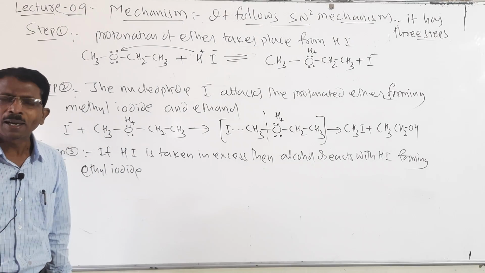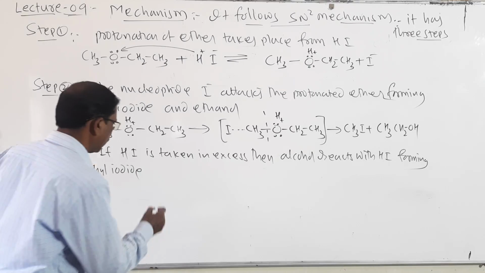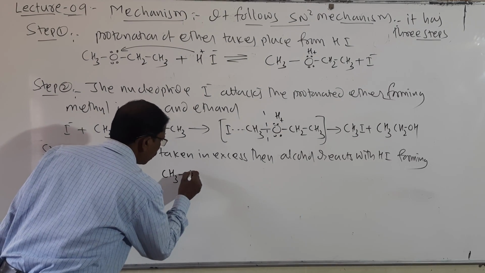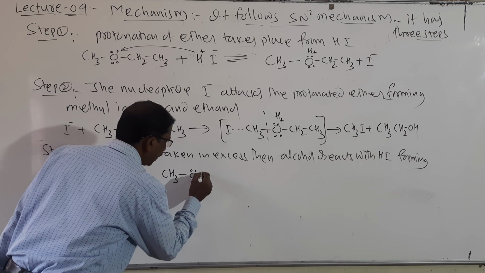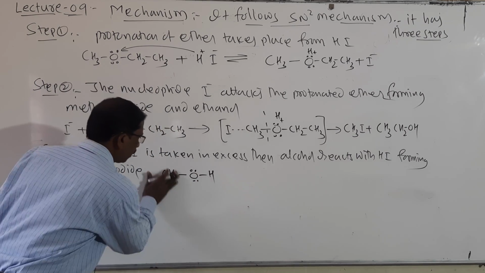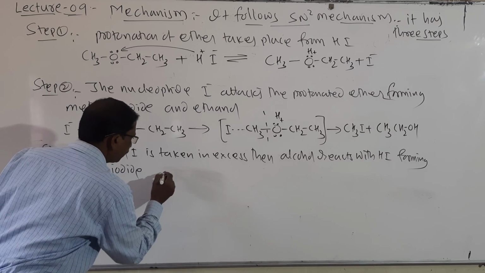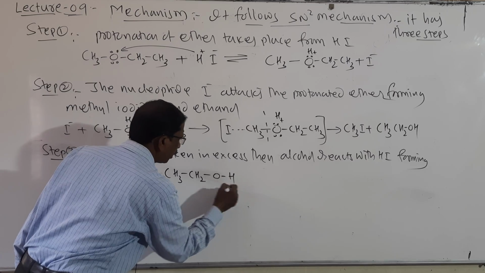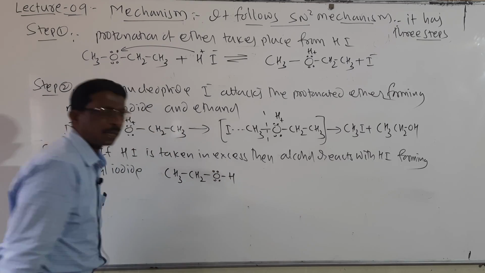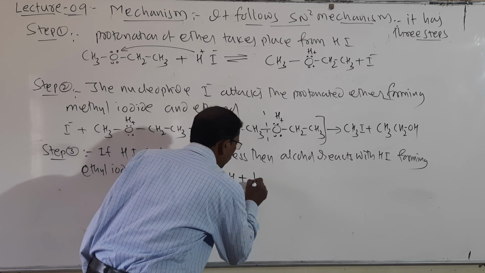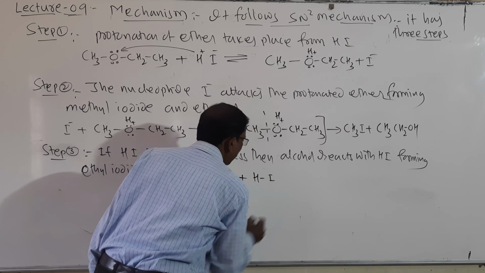It forms ethyl iodide. Then how does it take place? Look here. I will write here CH3, and here I will write ethyl alcohol, it is H. So ethyl alcohol, CH3, CH2, OH. It is called ethyl alcohol. And here in ethyl alcohol, this HI reacts.